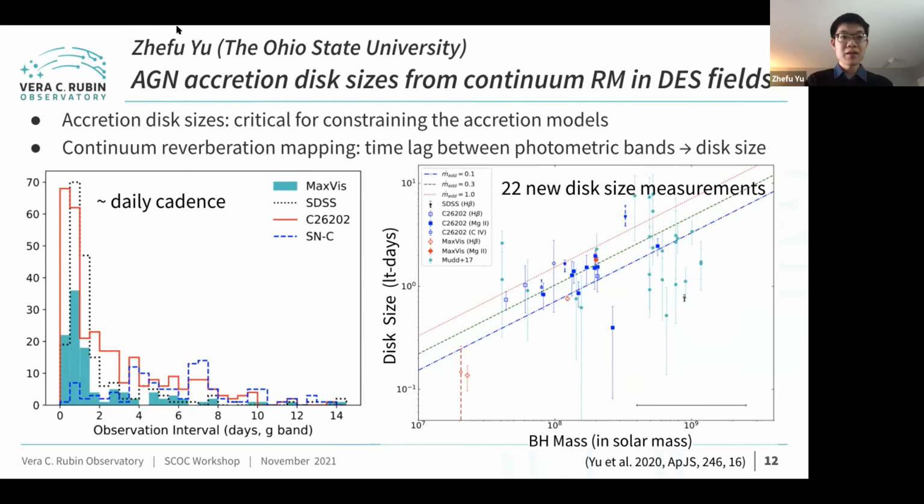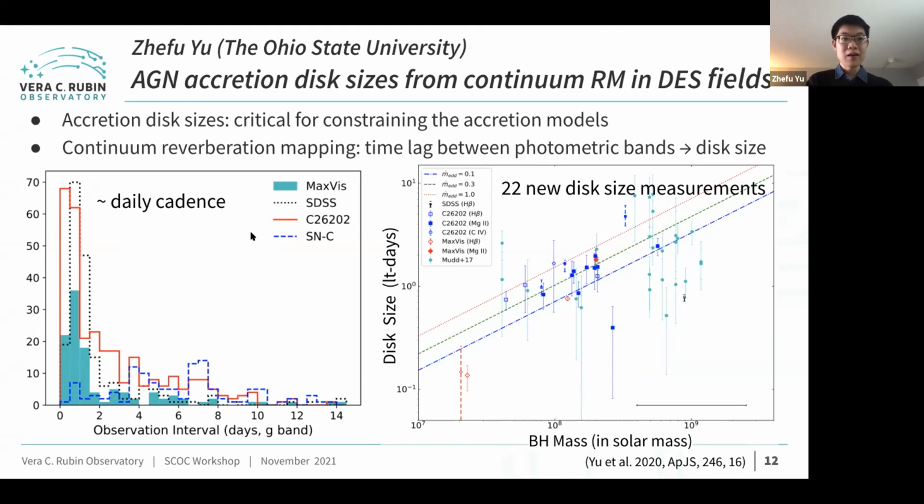Okay, hi everyone. I'm Zhefu Yu, a graduate student at the Ohio State University. And here I'm going to talk about the measurements of the AGN accretion disk sizes using the data from the DES standard star and supernova fields. So the supermassive black holes grow through accretion in AGN phases, and understanding the accretion disk is important for understanding the growth of the supermassive black holes.